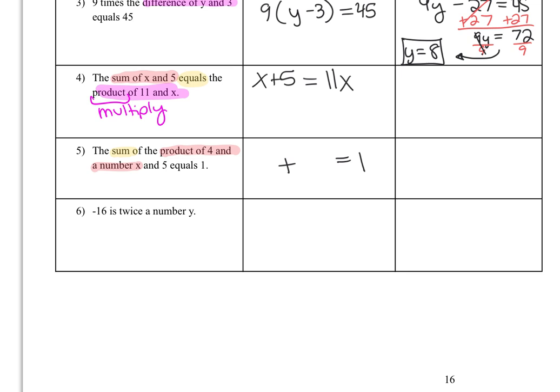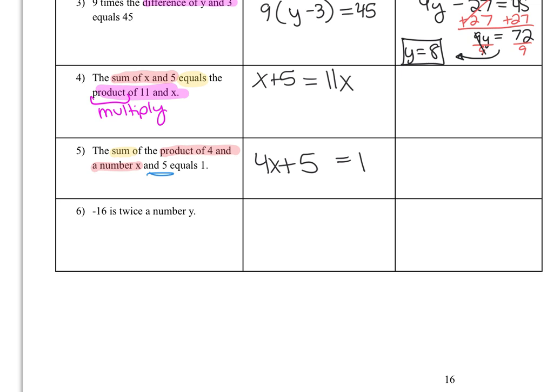You guys are awesome. 4x and 5. So plus 5. 4x plus 5 equals 1. And I read it: the sum of the product of 4 and x and 5. There we go. Equals 1.